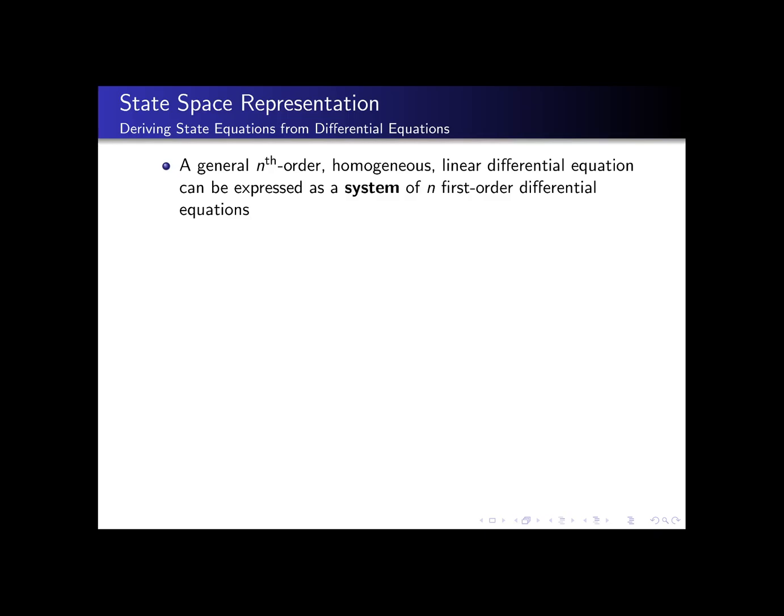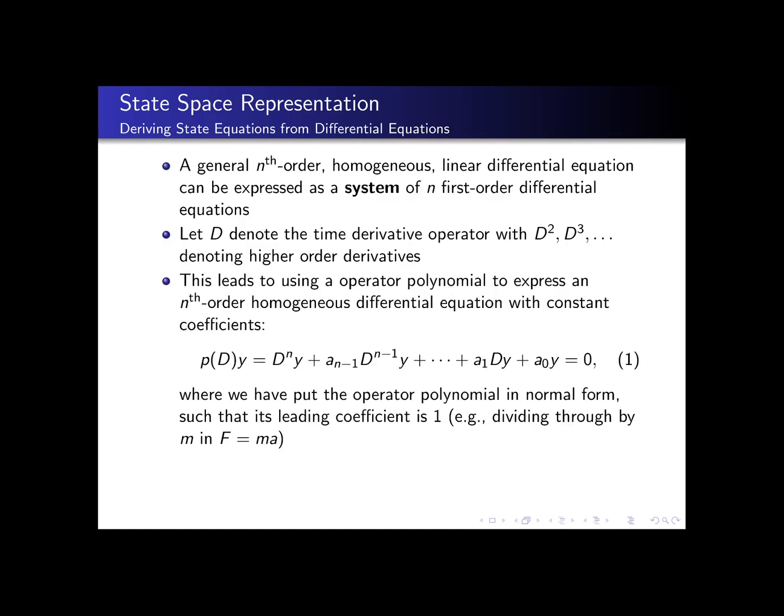Okay, a general nth order homogeneous linear differential equation can be expressed as a system of n first order differential equations. Let D denote the time derivative operator, with the exponents indicating higher order derivatives. Then this leads us to using an operator polynomial to express the differential equation.